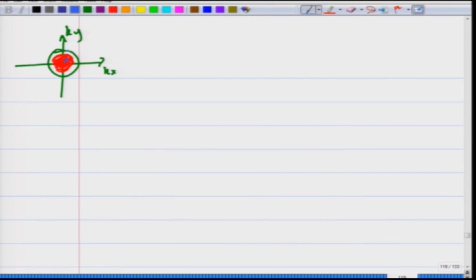Only those electrons which are present near the Fermi energy will contribute to the entire process. These are the electrons which will get excited above the Fermi energy or go below the Fermi energy. So, we will make the following picture.